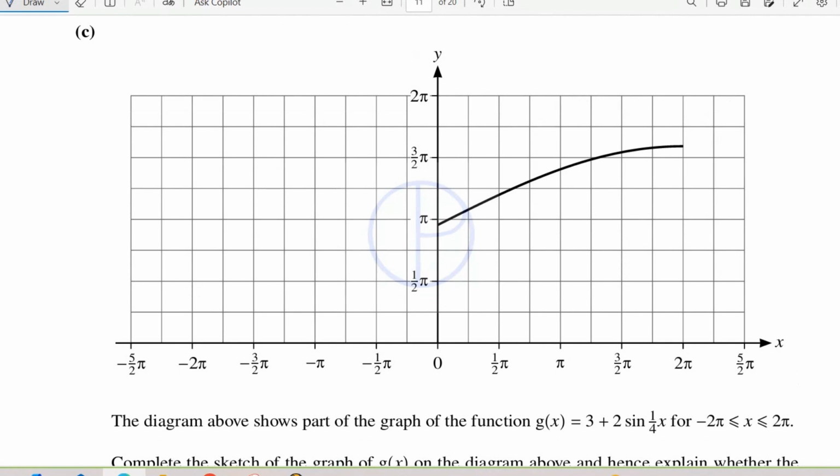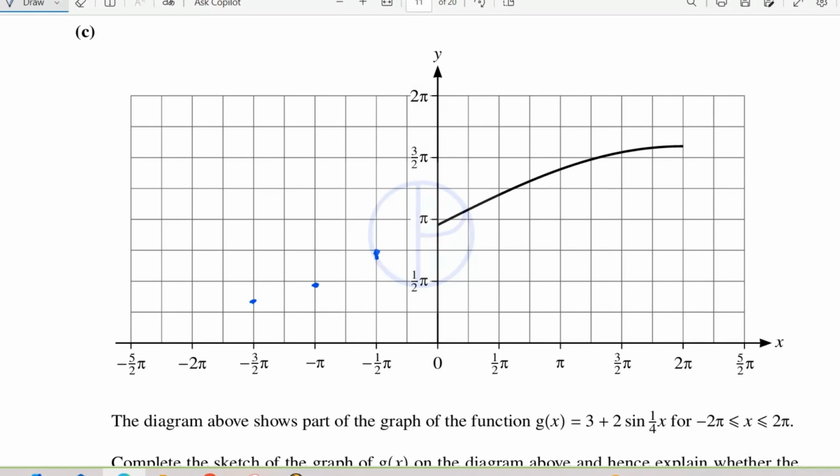So that will come approximately here. Minus pi, it will come here. When x equal to minus 3 over 2 pi, g of x will be this.